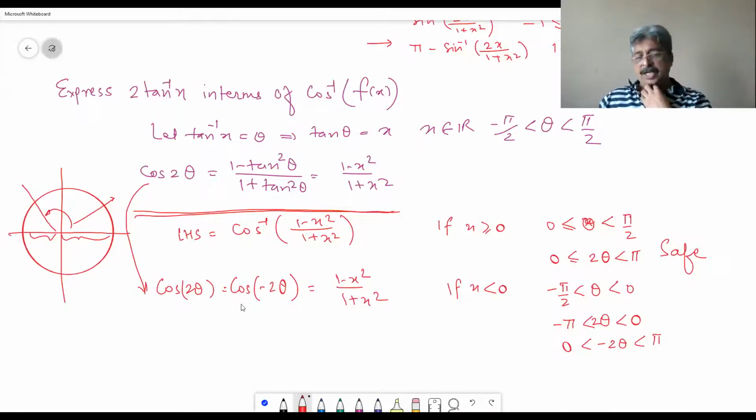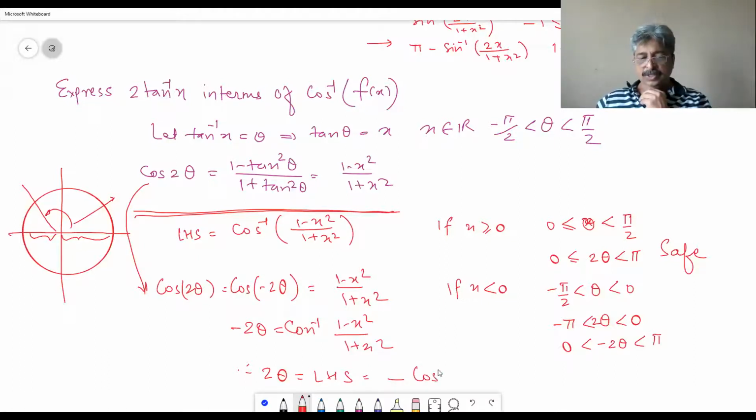This is trigonometry allowed, and the moment you look at minus 2 theta, you get in the range, and therefore minus 2 theta is equal to cos inverse of (1 minus x square) upon (1 plus x square), and therefore 2 theta, that is equal to LHS, equal to the opposite of cos inverse of (1 minus x square) upon (1 plus x square). That is what is our final answer.